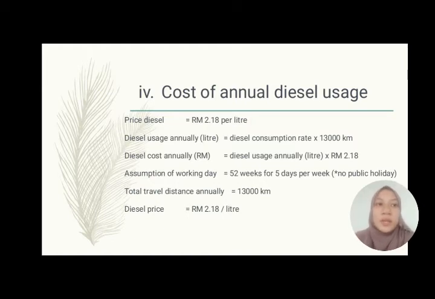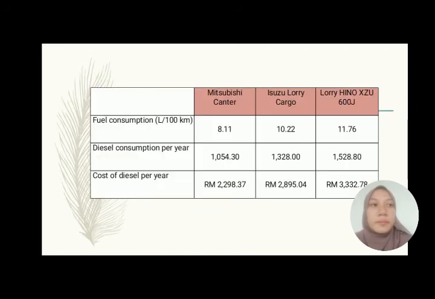To calculate the usage annually per liter, you use the diesel consumption rate times 13,000 kilometers, and then to calculate the diesel cost annually in ringgit Malaysia, use the diesel usage annually per liter times RM2.18. The assumption is 52 working weeks per year, 5 days per week, no public holidays. The total travel distance annually is about 13,000 kilometers. And then this is our calculation.